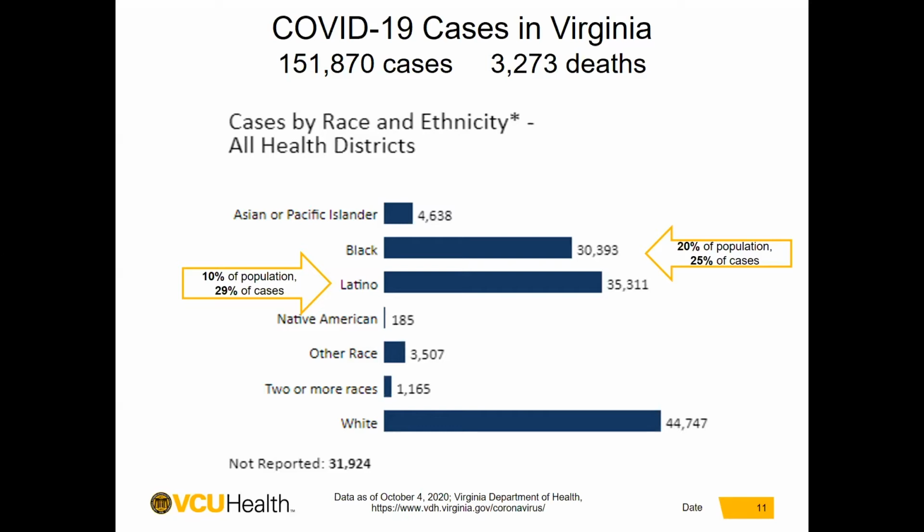In regards to the Latino population, 10% of the population identifies as Latino or Hispanic, while this population represents 29% of the cases, 28% of the hospitalizations, and about 10% of the deaths.